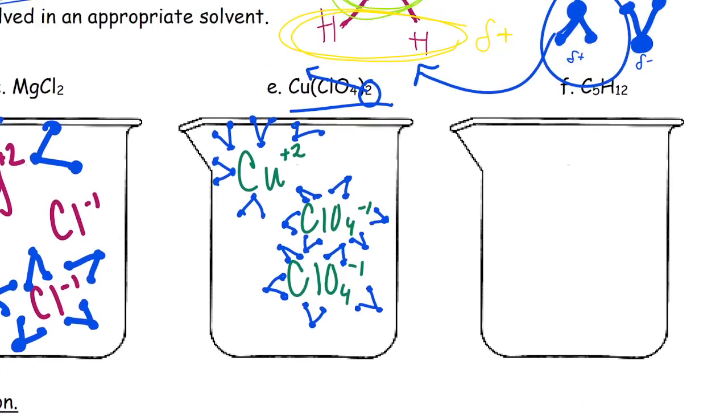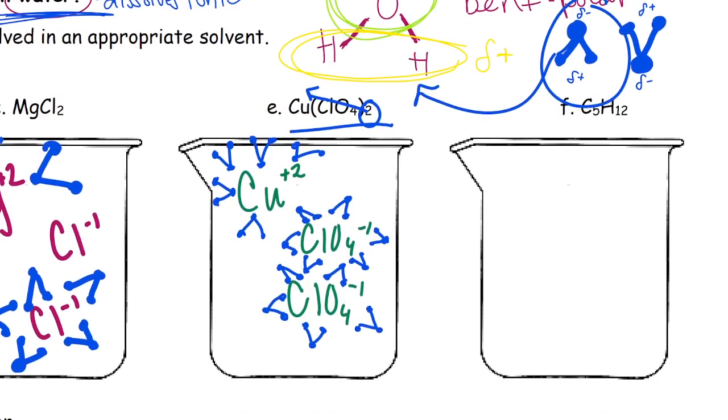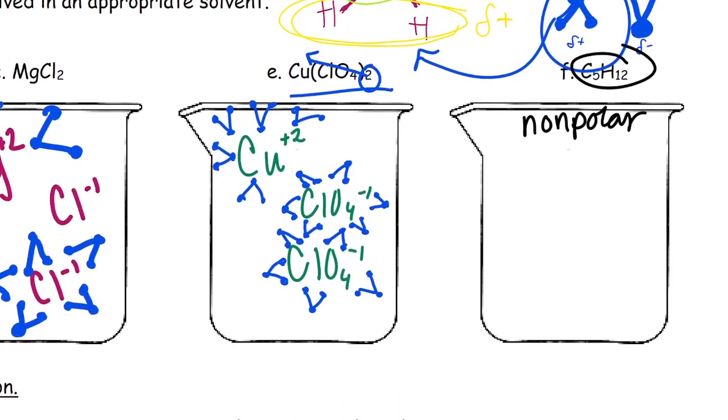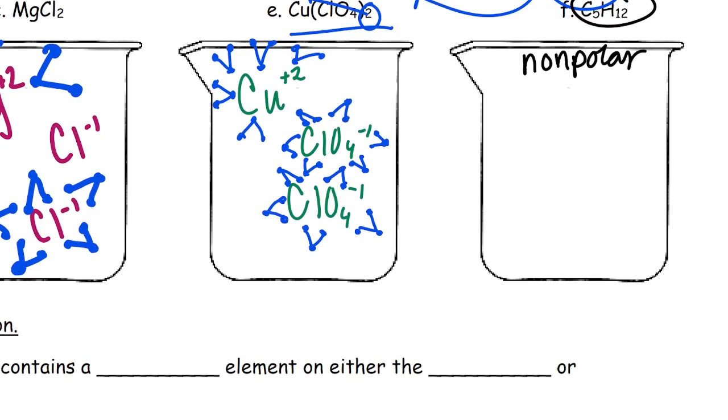And then if I have C5H12, C5H12 is going to be a carbon chain. So those end up kind of looking like this. This isn't exactly what it would be, but we can go ahead and just call this nonpolar. The way that you can tell is if you have carbon and hydrogen. I know we didn't really practice drawing these, but one of the rules that we did learn is that hydrogen will never be a central atom.